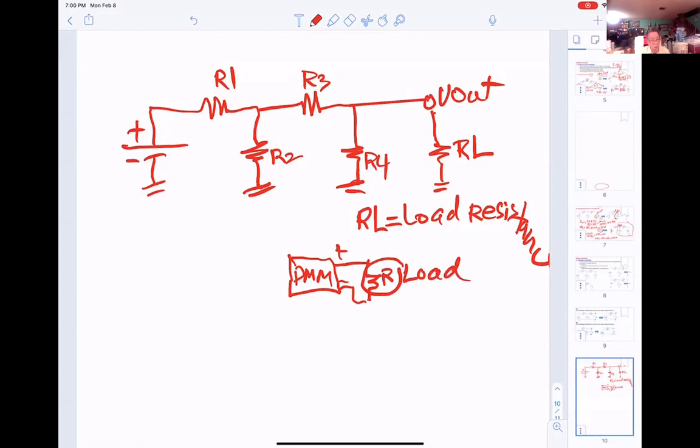You understand the load. That means it does not belong to the DMM. You can change any resistor you want. Same thing in your stereo system, the load will be the speaker. You can change any speaker you want, but you cannot change anything inside. Okay? That's what they call load, not dependent on the system.